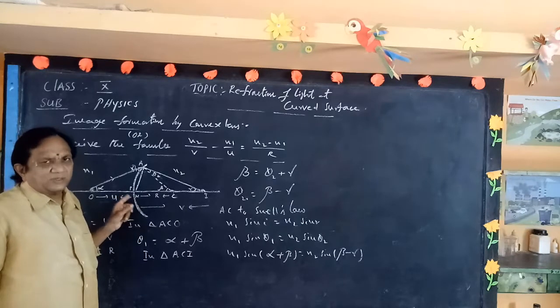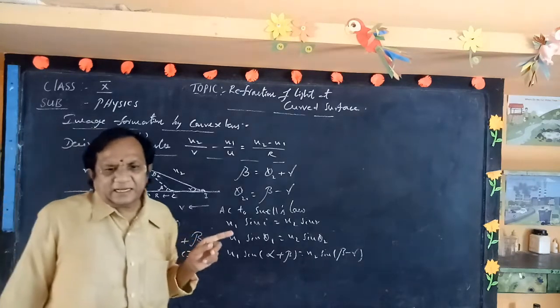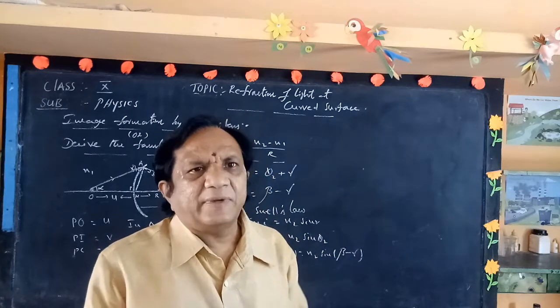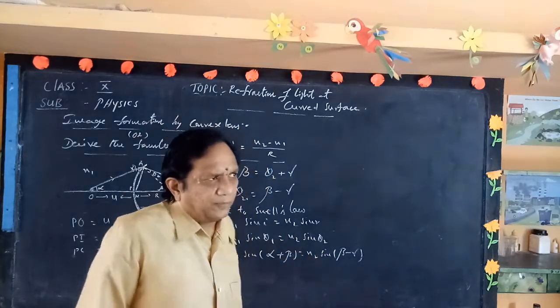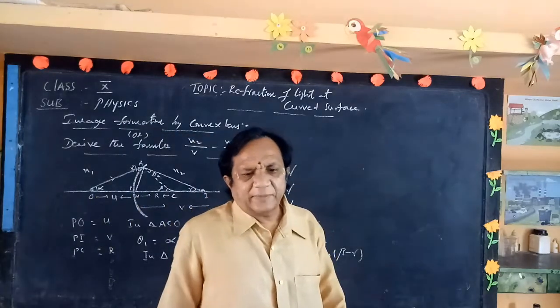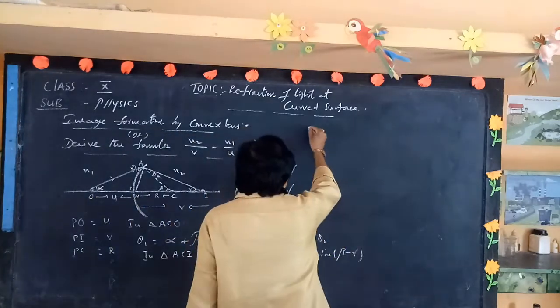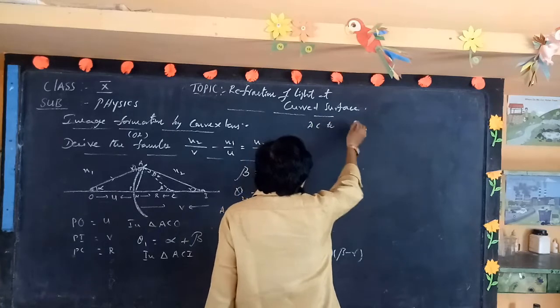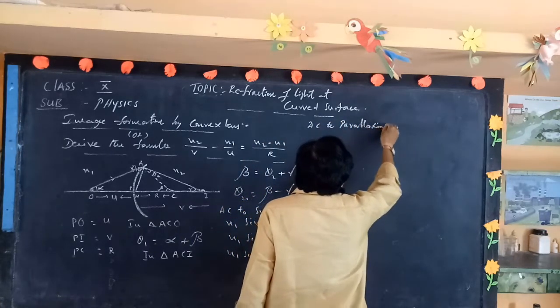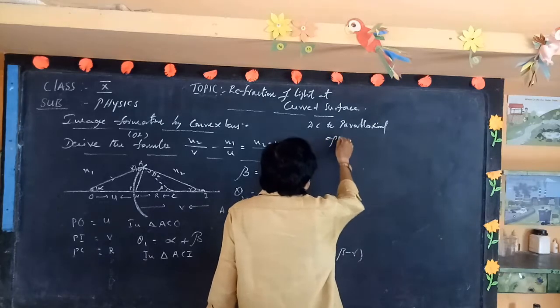Such angles are called paraxial, and this is called the paraxial approximation. By eliminating alpha, beta, gamma, we can consider the paraxial approximation.